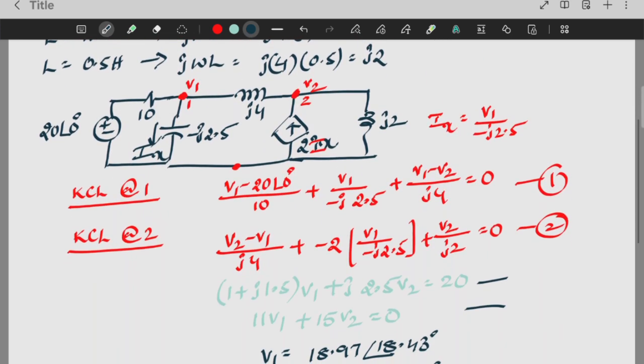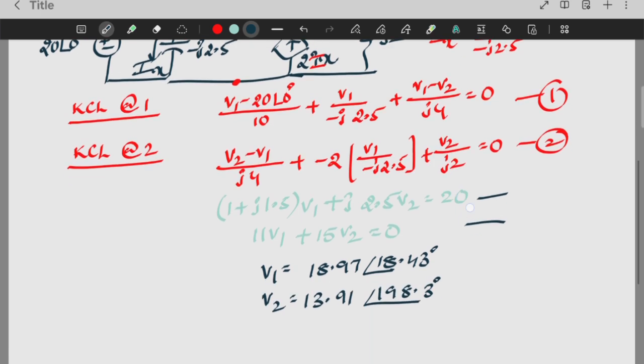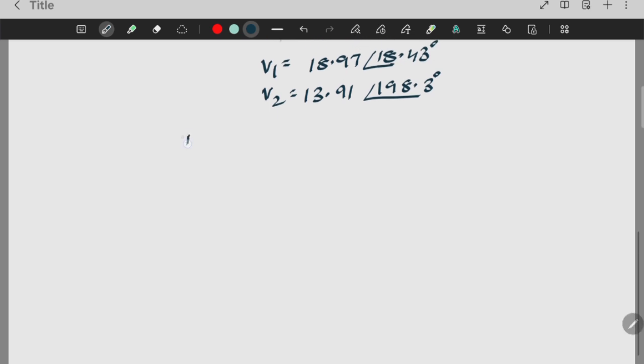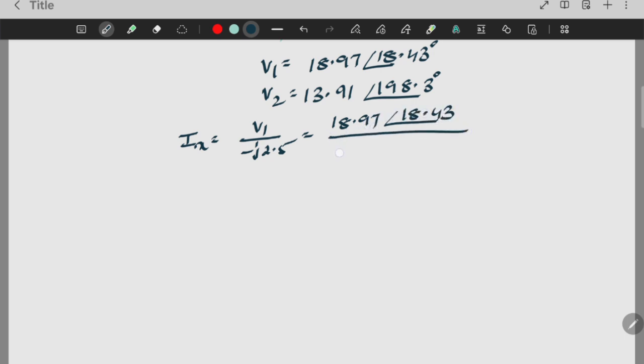Ix is the current passing through the capacitor, which has an impedance of minus j 2.5. So Ix is equal to V1 by minus j 2.5. V1 we already got, 18.97 at an angle of 18.43, divided by minus j 2.5.